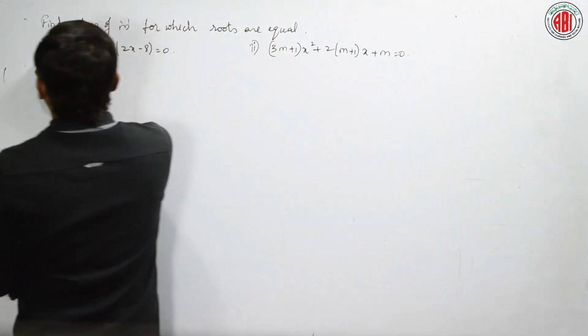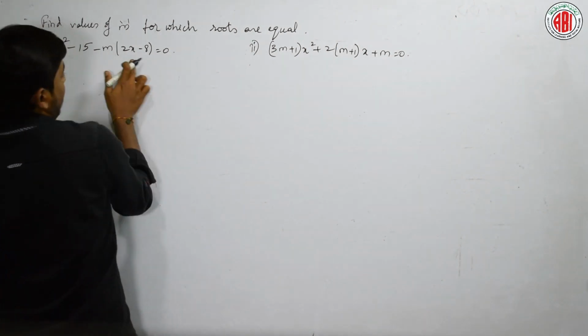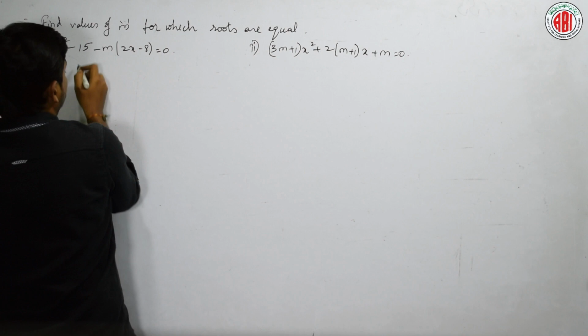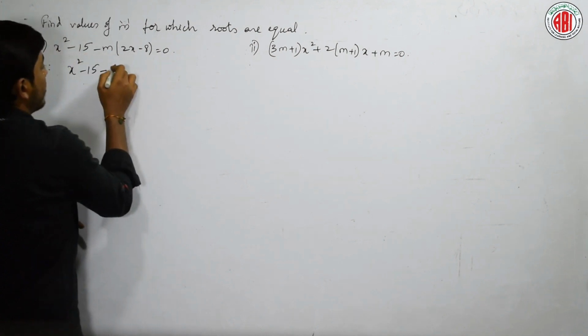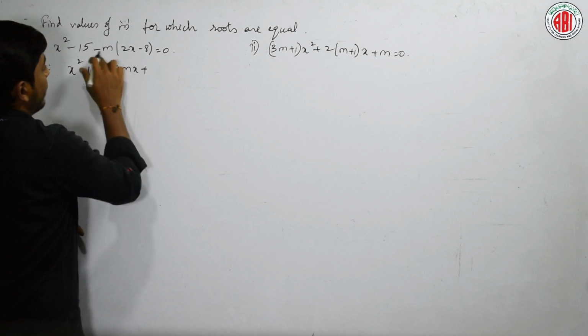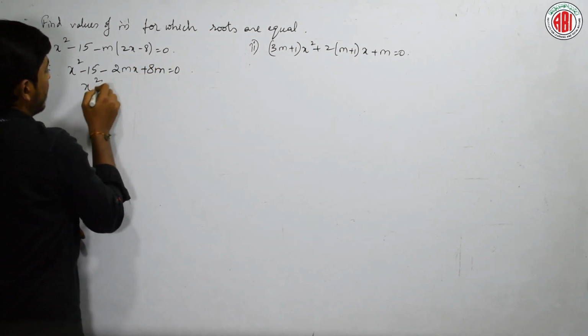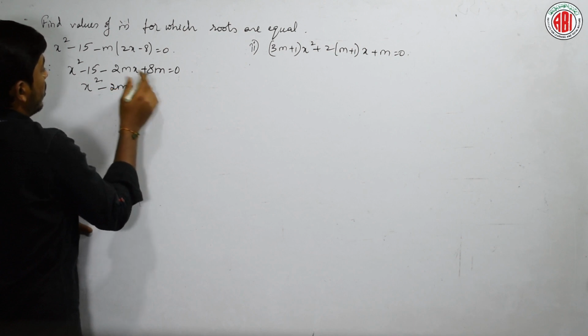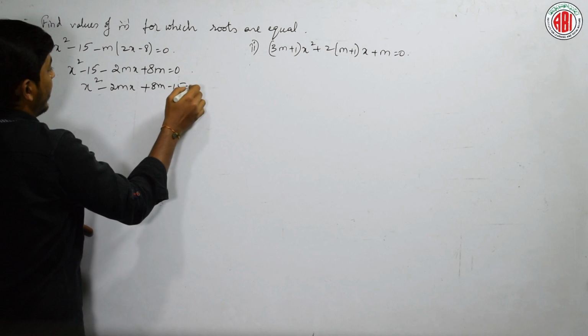Shall we convert? See here. The question is not in the form of ax square plus bx plus c. So, let us multiply and write it in the form x square minus 15 minus 2mx plus 8m is equal to 0. So, it can be written as x square minus 2mx plus 8m minus 15.